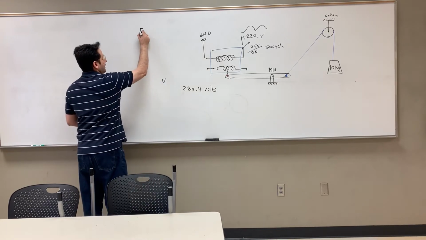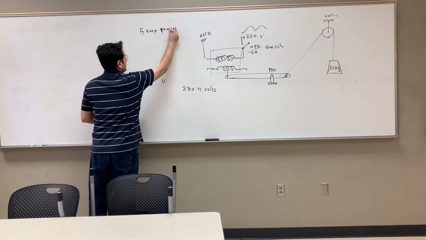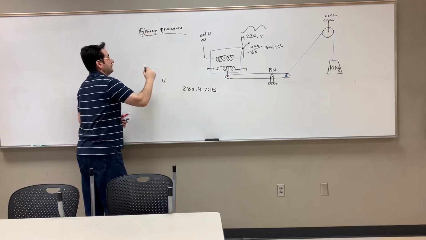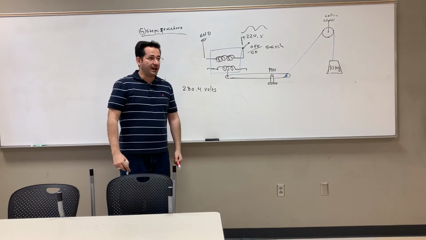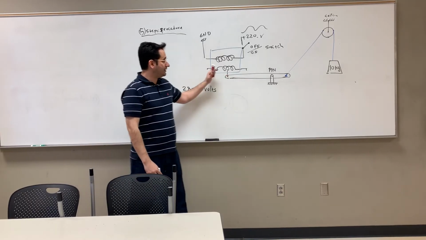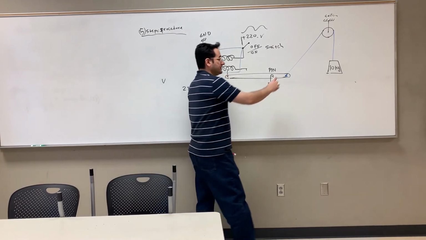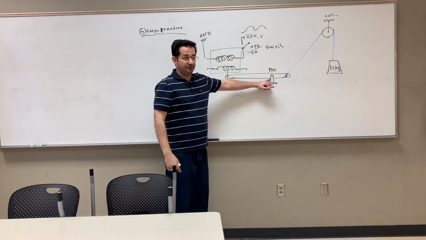It's a 5-step procedure that, if you do it systematically, you should be able to analyze the entire system, including the force in this cable. You can find the force in the cable. You can find the reactions.